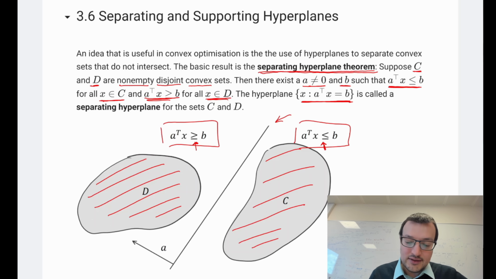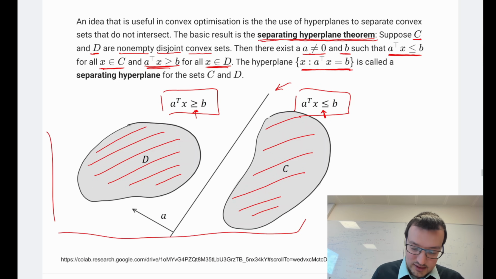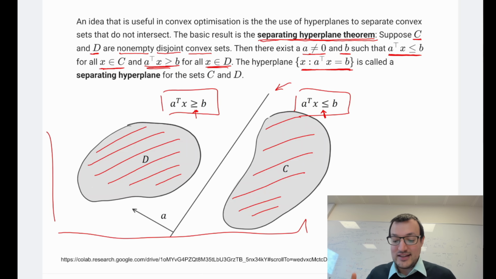In fact, it's not true that the theorem holds in general for the strict inequality. Of course, the picture that we have here is an example in which the theorem holds for the strict inequality. But what I'm saying is that it's not true in general that if I give you C and D, which are non-empty, disjoint, and convex, then there is a hyperplane that gives strict separation, essentially with the strict inequality.